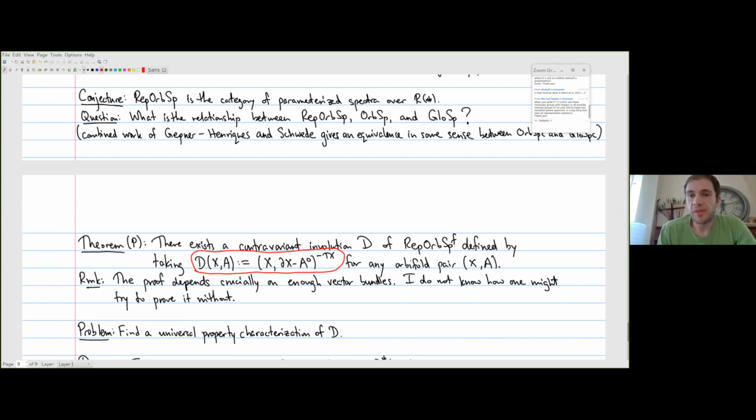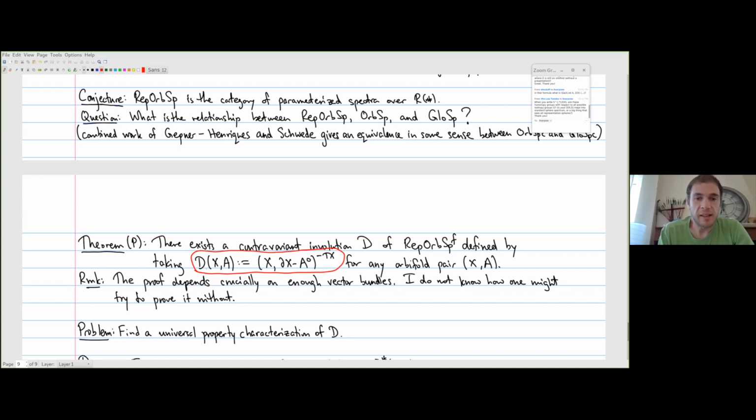The first remark about this is that it relies crucially on enough vector bundles, and I don't know how to prove it without using enough vector bundles. If I were forced to guess, I would guess that there is a proof which doesn't rely on enough vector bundles, but it would have to be much more abstract than the proof I give.